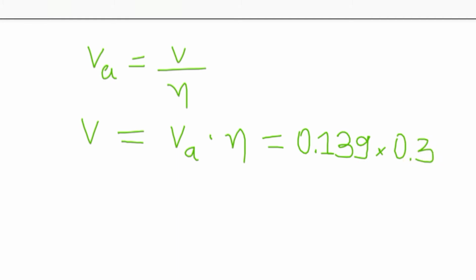So 0.3. Hence the discharge velocity is equal to 0.0417 centimeter per second.